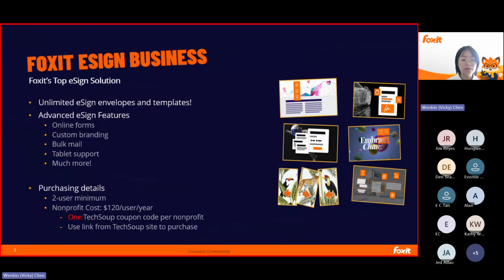With eSign Business, you get unlimited envelopes and templates. No caps, no limits. You can send as many signature requests as you need. You also get advanced eSign features such as online forms, custom branding, bulk mail, templates support, and much more. It's a completely enterprise-grade eSign platform.